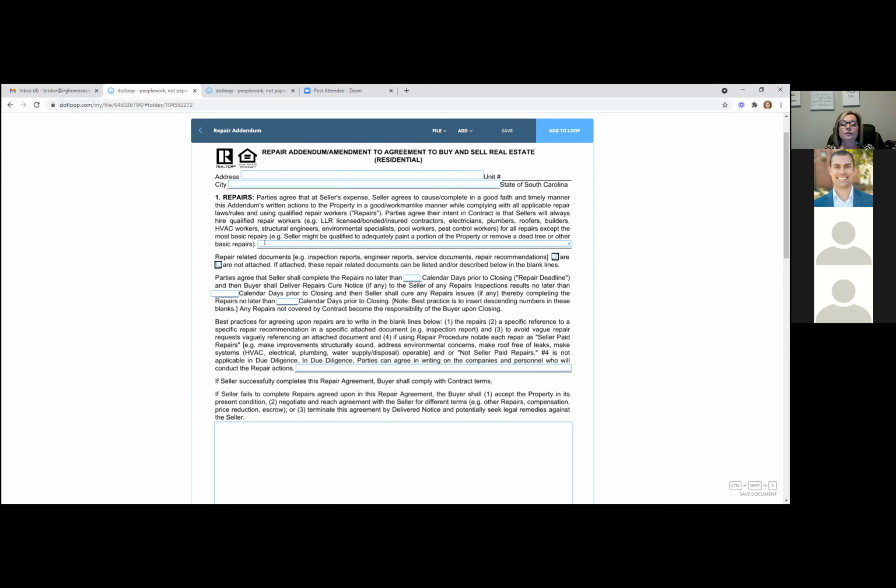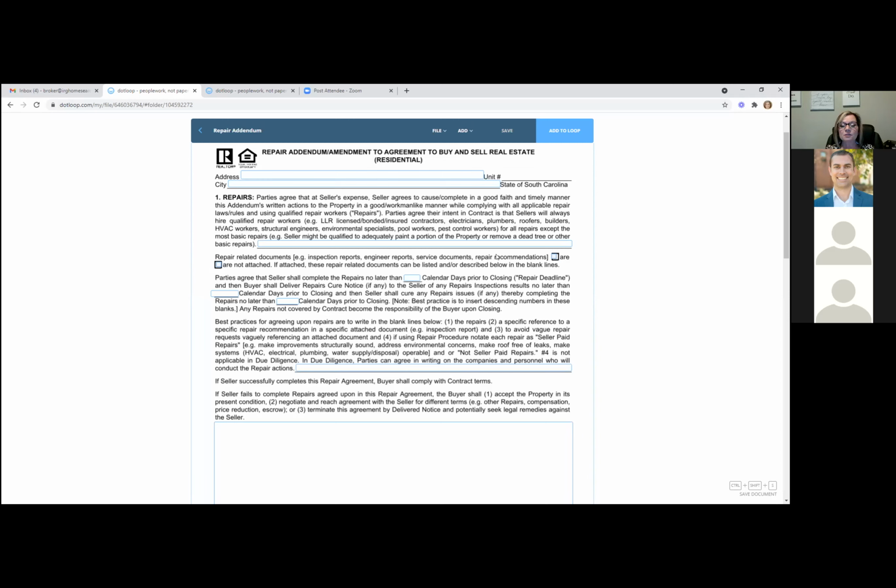So this is where you would write in, if you wanted to utilize this line, seller to only use licensed contractors. Seller can handle repairs of painting or whatever. I typically don't use this line. I'll tell you why in a second.